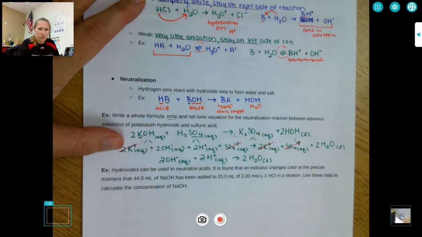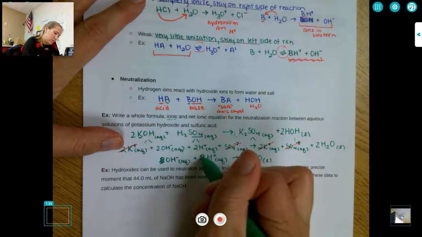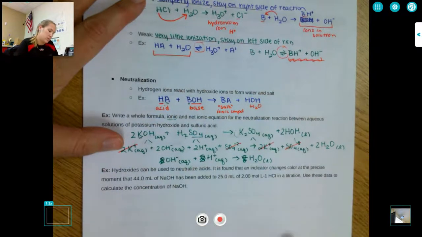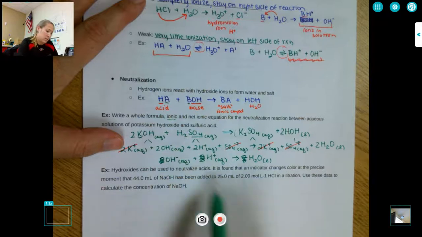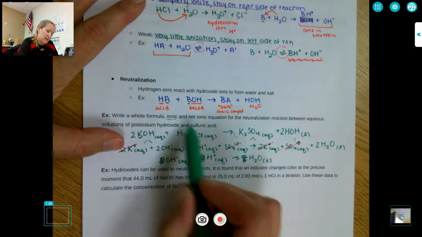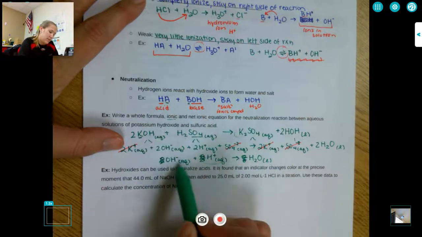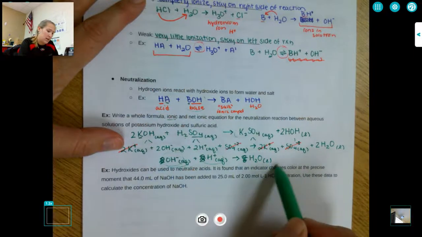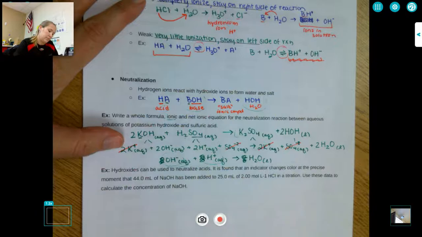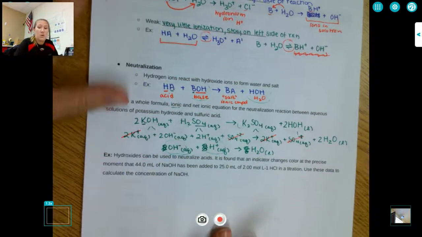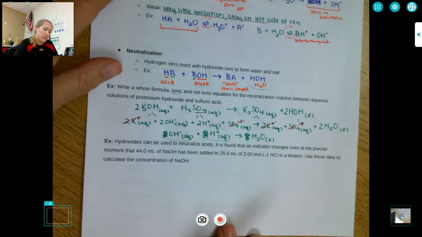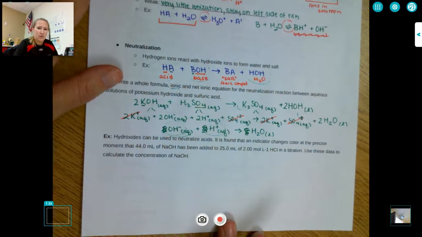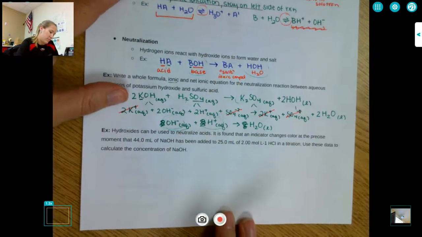And because they're all 2s, you can drop those out. They can cancel out and reduce. 1, 1, and 1. So I have my hydrogen ions, which is my acid. My hydroxide ions, which is the part of the base that does anything, makes water. I have that there. With our neutralization reactions, we can, of course, do stoichiometry to find out quantities about them.